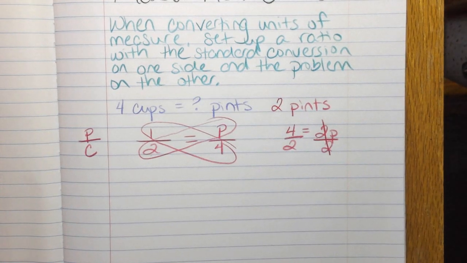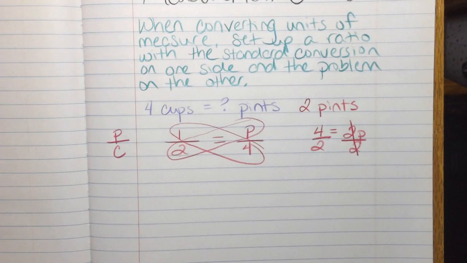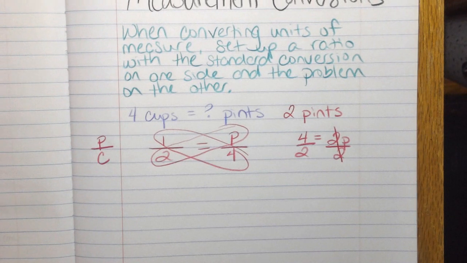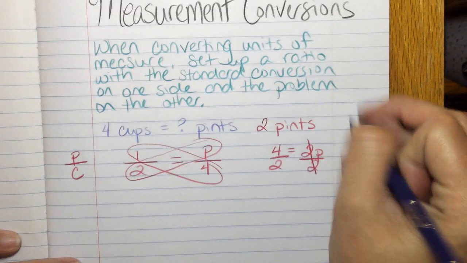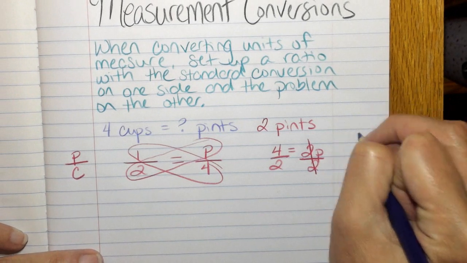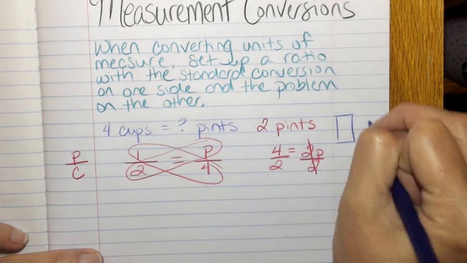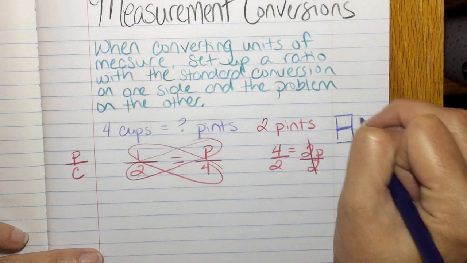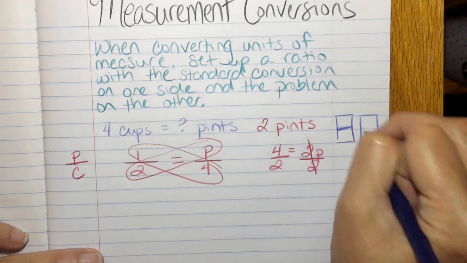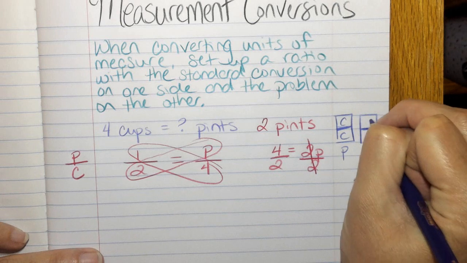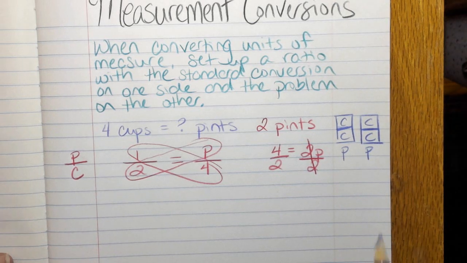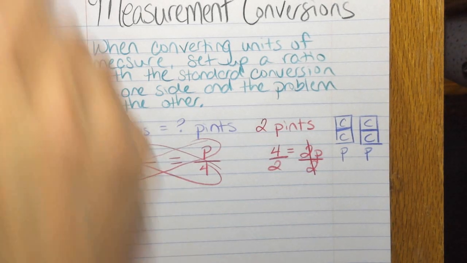That should totally make sense, because in every pint there are 2 cups. If this was a pint, I have 2 cups in here, and this was a pint, and I have 2 cups in here. So cup, cup, cup, cup, pint, pint: 2 pints, 4 cups.